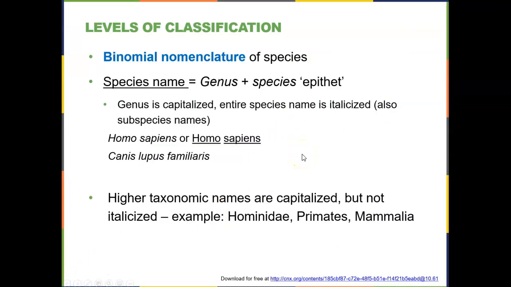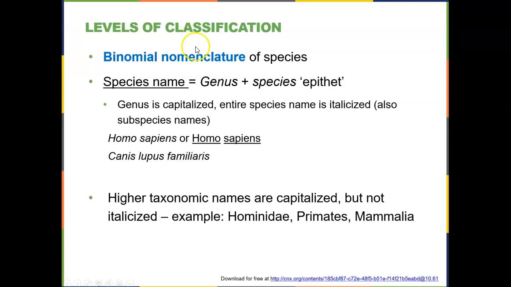When we get down to the naming, the names are in Latin, and the most common form of naming is called binomial nomenclature. Nomen meaning name, binomial meaning two names. This is what we give to each species. For each species, we could go all the way back to domain and give their domain, their kingdom, their phylum, etc., but that would be cumbersome every time you wanted to use their scientific name.